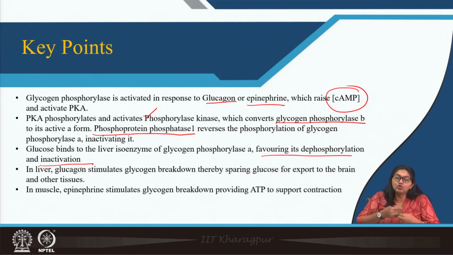They get glucose via glycogen breakdown, and that is solely controlled by liver glycogenolysis. Whereas in muscle, epinephrine stimulates glycogenolysis, and that glycogen breakdown forms glucose 6-phosphate, which finally provides ATP to support contraction. So, this is about the regulation of glycogenolysis or glycogen breakdown.